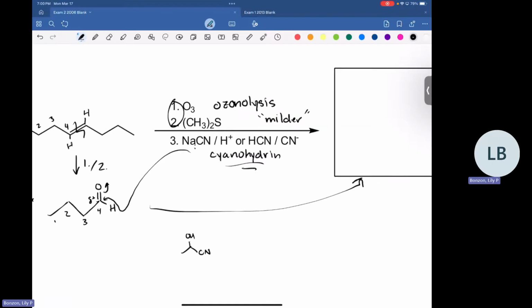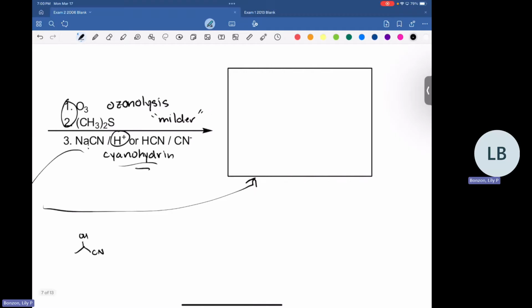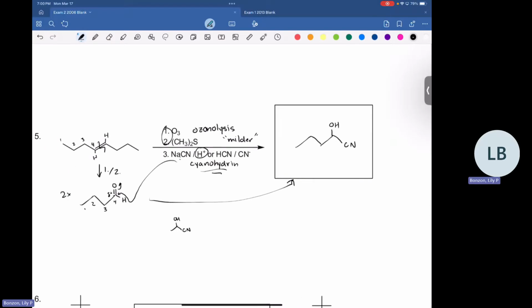Our oxygen is going to be kicked out to be O-, and then later it gets protonated to be the OH. Then we just have our nitrile attached to that carbon. So for our final product, we will have this alcohol and then the nitrile. Any questions on that one?